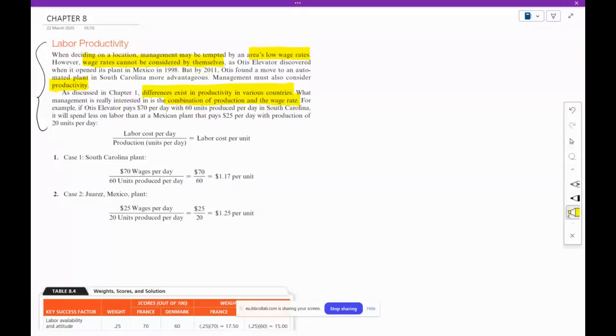For example, if Otis Elevator pays $70 per day with 60 units produced per day in South Carolina, so $70 per day with 60 units, high wage, high units, it will spend less on labor than at Mexico, which pays $25 per day with production of 20 units per day.